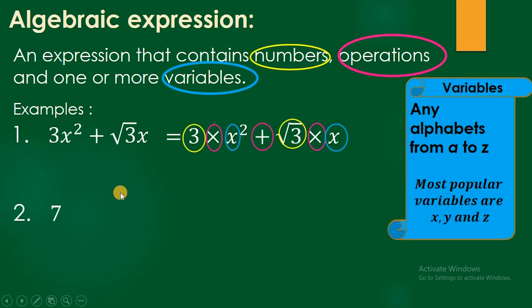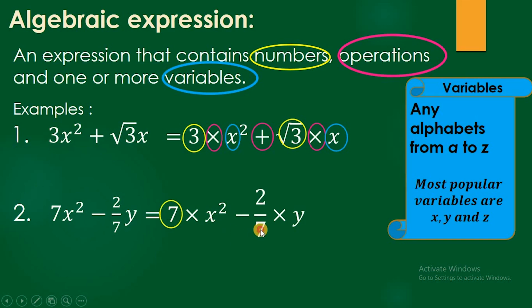Let's take another example: 7x squared minus 2 by 7y. Again this can be expanded as 7 into x squared minus 2 by 7 into y, since multiplication is implied. Here we have 7 as a whole number, 2 by 7 is a rational number, so these are numbers.